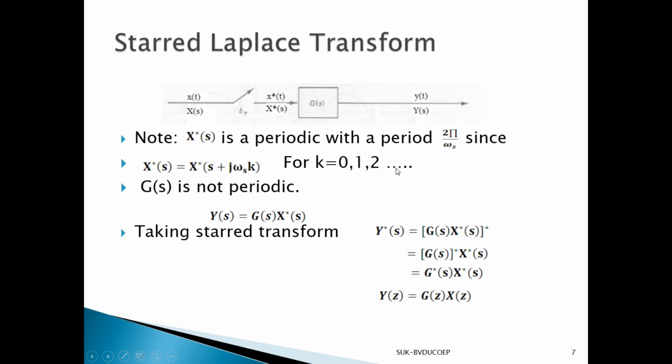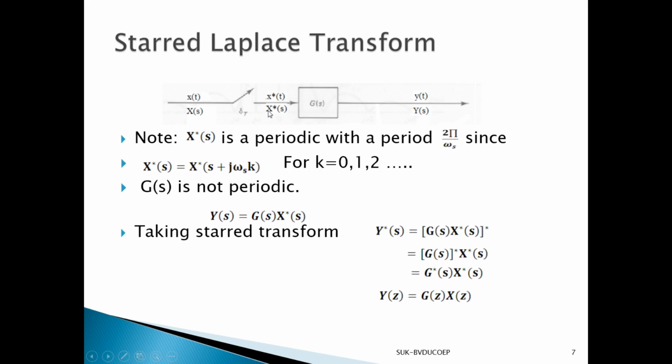When we did the study of the sampling theorem and drew this periodic spectrum of the sampled signal, we saw that there are bands of frequencies, and that is what X star(s) is, a pulse or Laplace transform of a pulse signal, that is the starred Laplace transform.